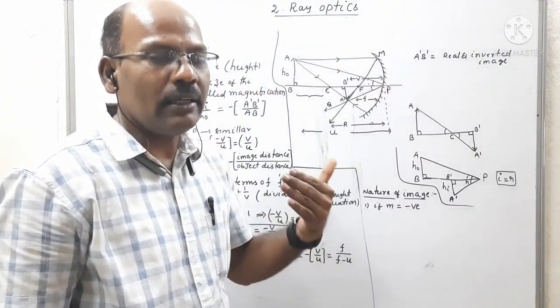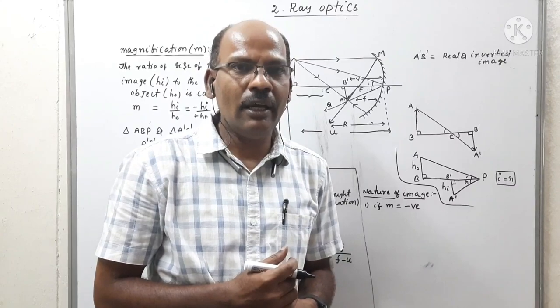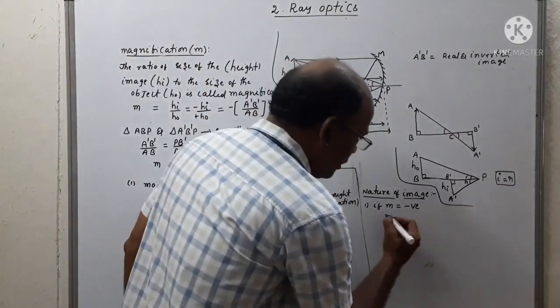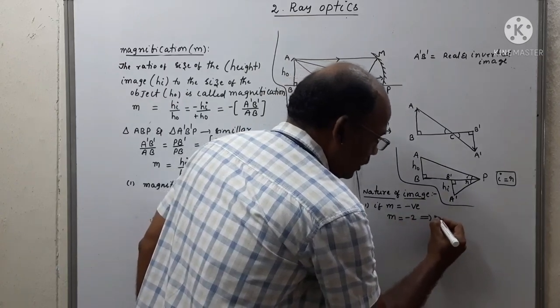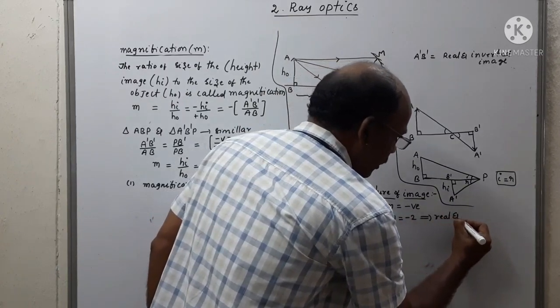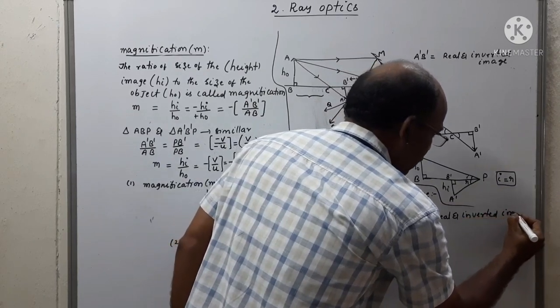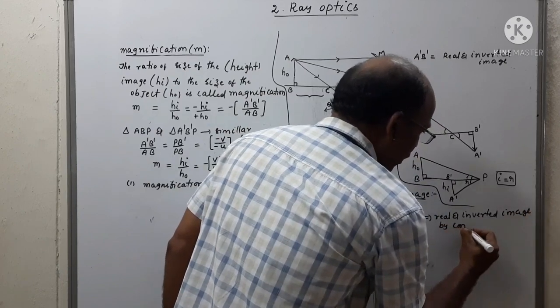So if the magnification is negative, then the image is real and inverted. Suppose if m is given as -2, so this is real and inverted image formed by concave mirror.